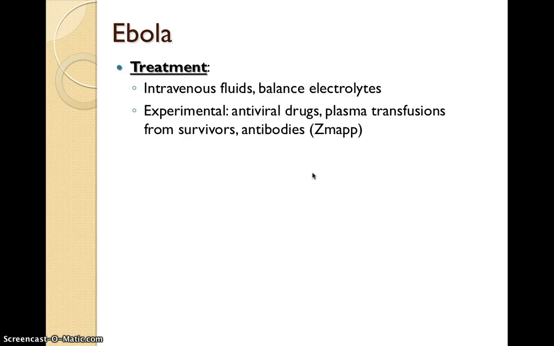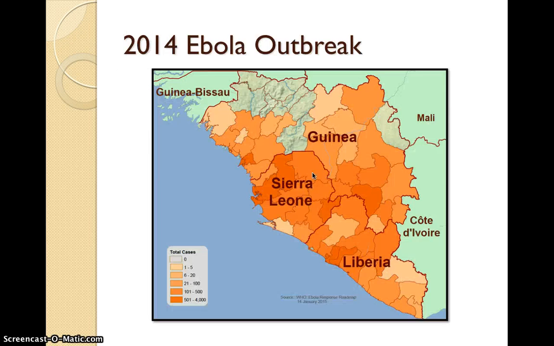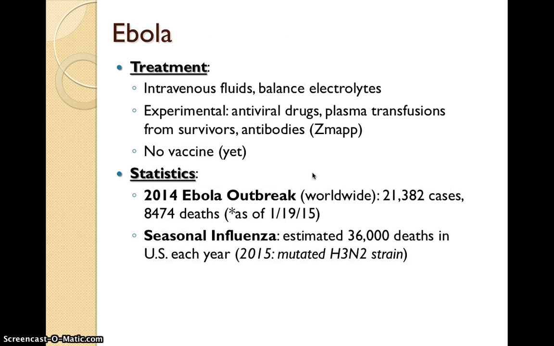There is not a lot of treatment for Ebola. The following are listed. We have some intravenous fluid that we can introduce into the human, providing balanced electrolytes to allow the human immune system to catch up and fight the virus.